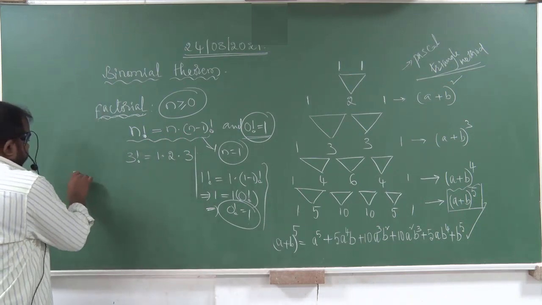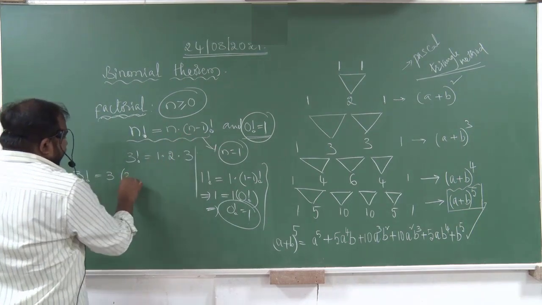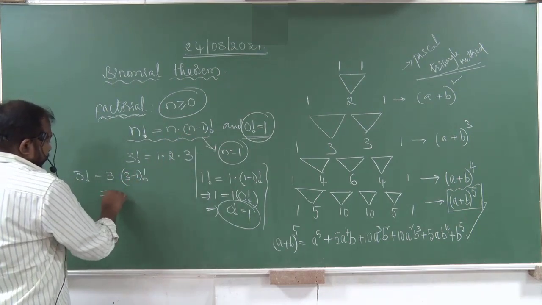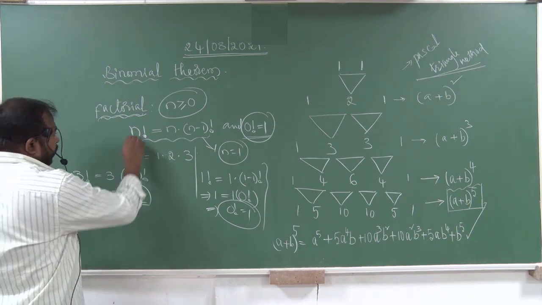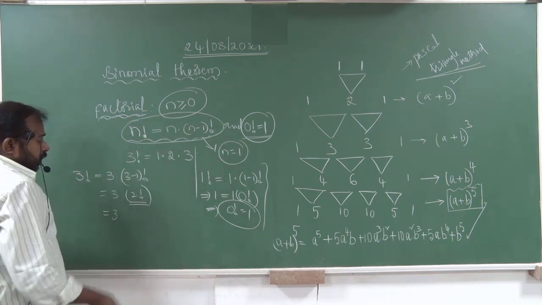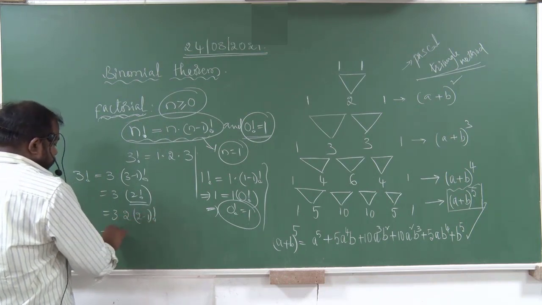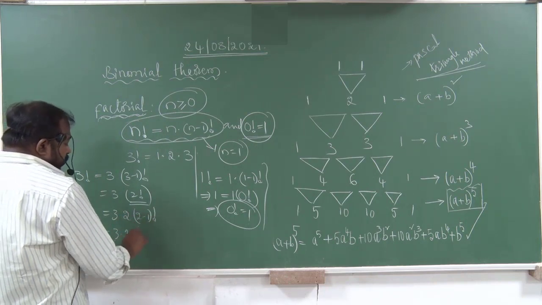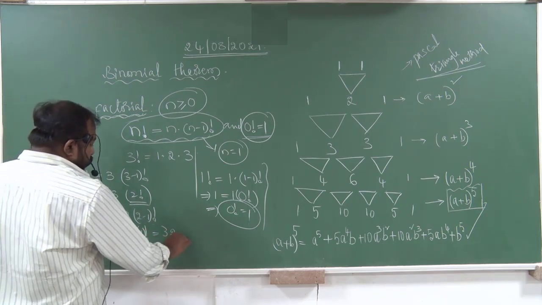Now what is the value of 3 factorial? 3 factorial equals 3 into (3 minus 1) factorial, which means 3 into 2 factorial. Then again apply this formula: 2 factorial is 2 into (2 minus 1) factorial, so 3 into 2 into 1 factorial.